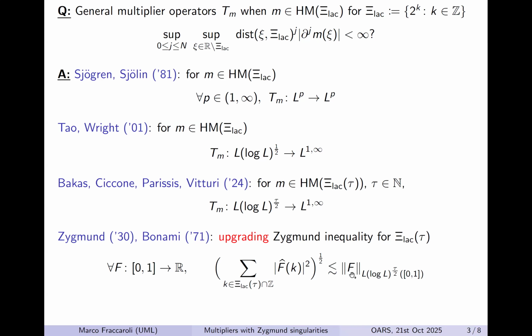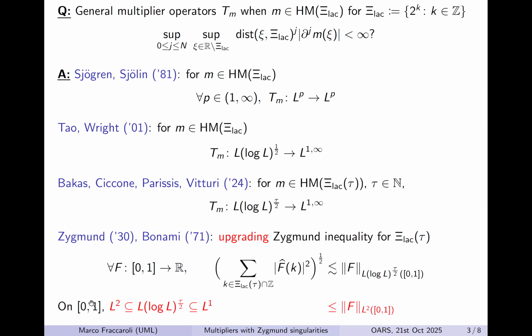And this is an upgrade because in principle, for any set of frequencies, the only kind of control that we can do is with the L2 norm of f. This is just Plancherel.